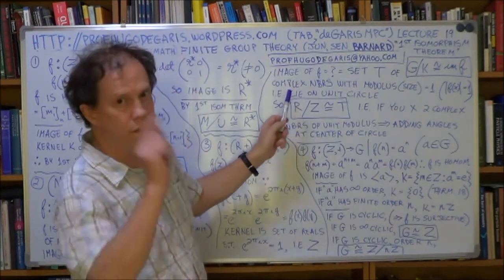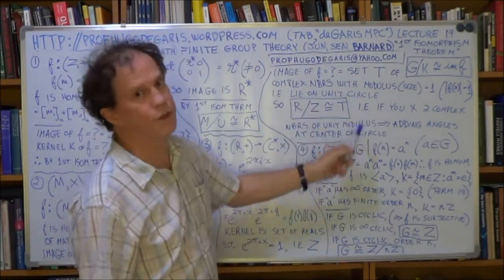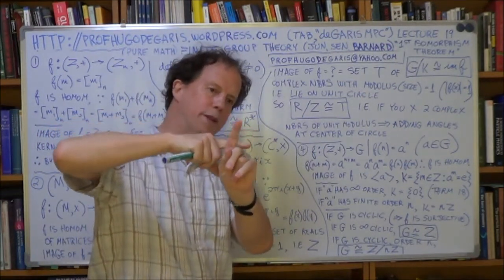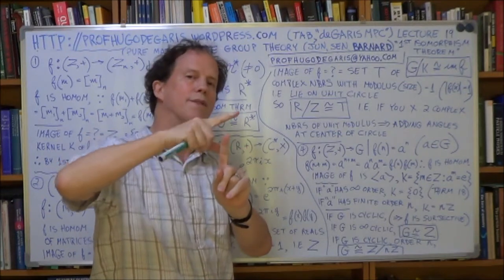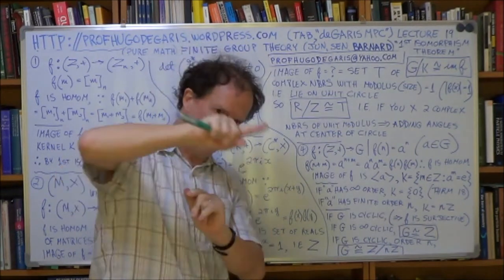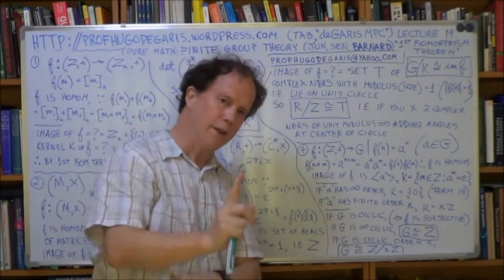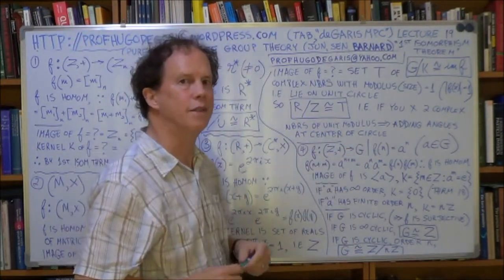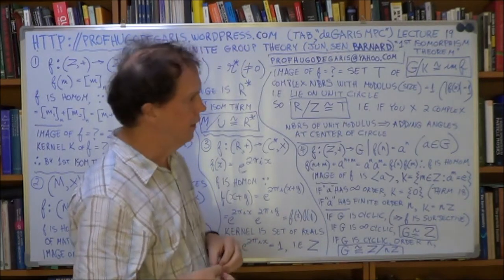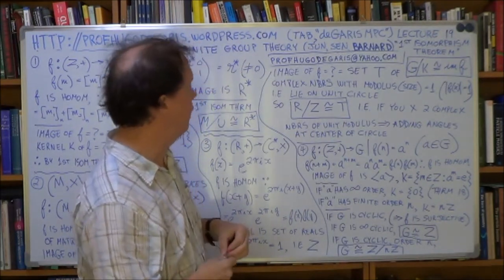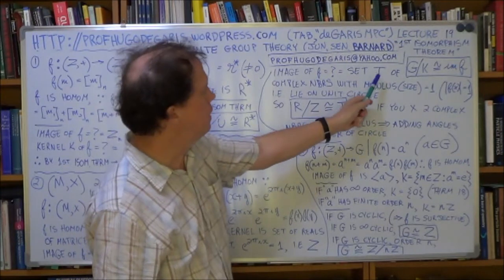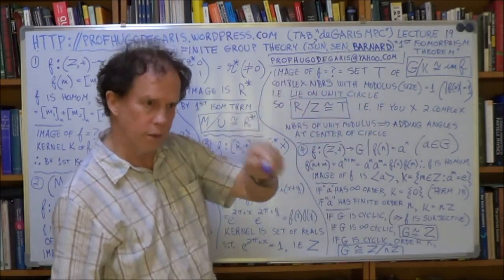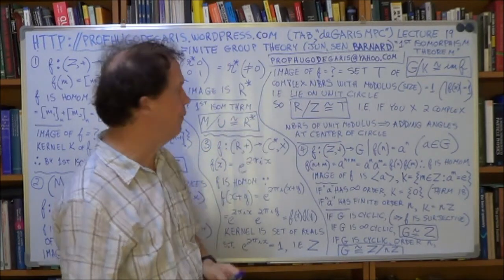In other words, those complex numbers lie on the unit circle in complex number space. So here's your unit circle, y-axis, x-axis, the Argand diagram, if you've done enough complex number theory. So the set T are all those complex numbers that lie on the unit circle with radius 1.